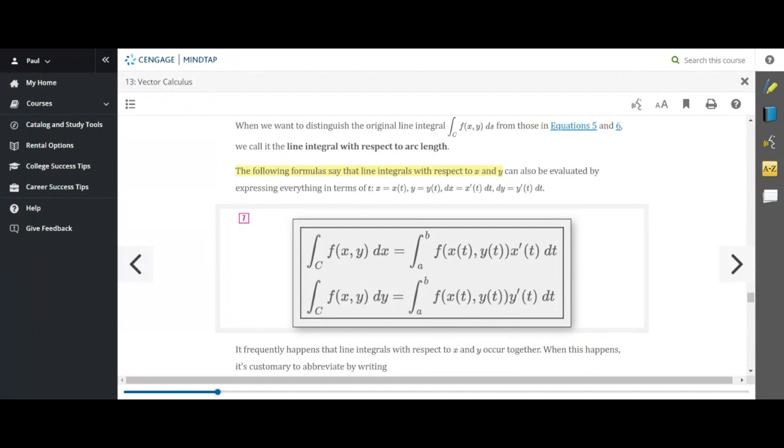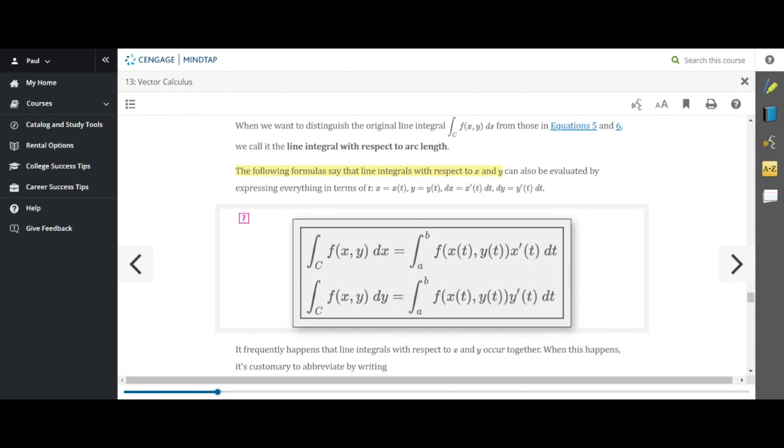So if the arc is a horizontal line segment with no curvature, then ds equals dx, and the line integral with respect to arc length is equal to the line integral with respect to x.